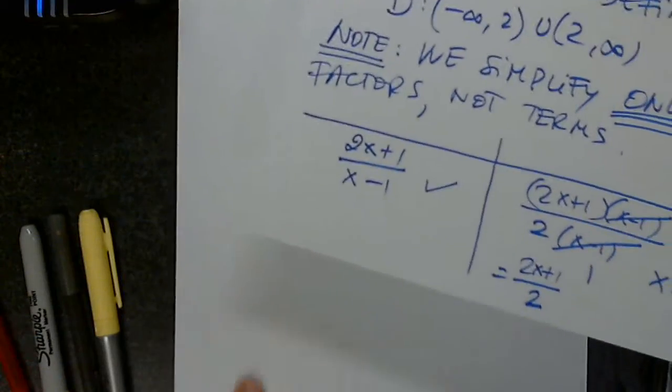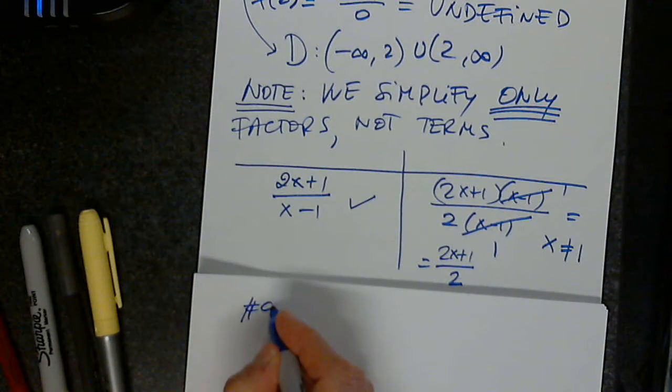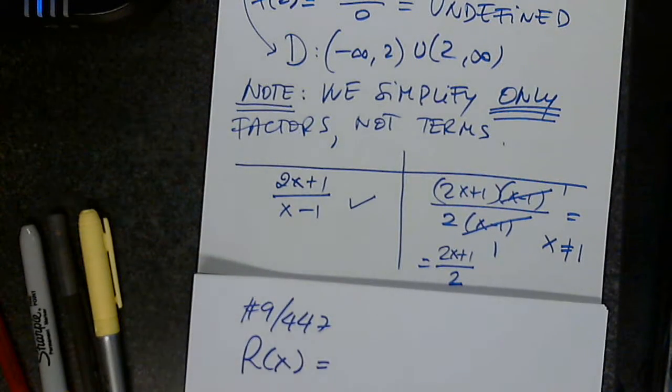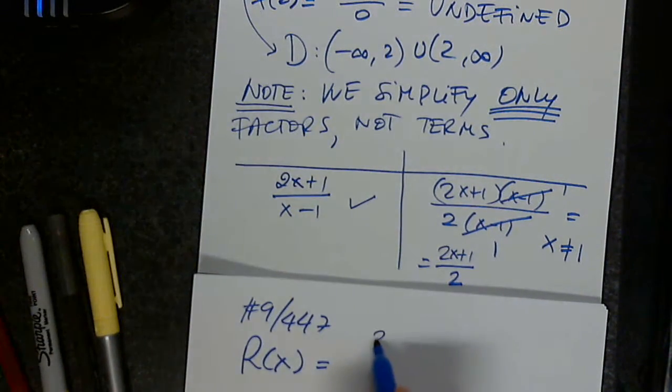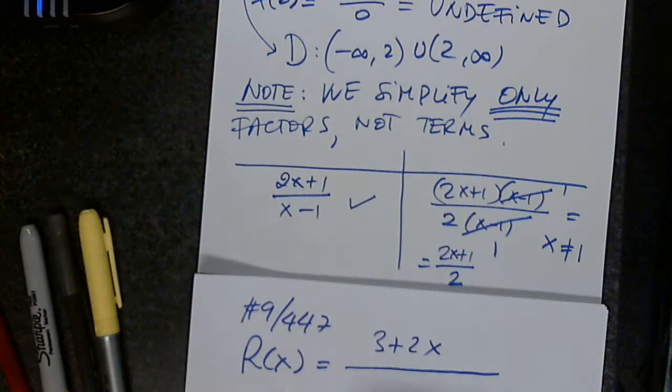In section 7.1, we will only simplify and find domain. On page 447, problem 9, we are given a function r of x, which is 3 plus 2x, everything divided by x cubed plus x squared minus 2x.